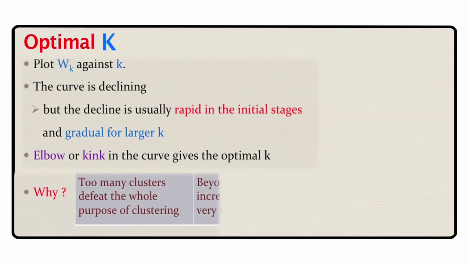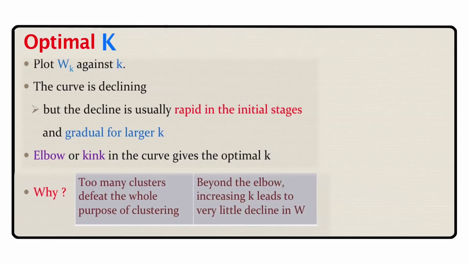Why are we looking for elbows or kinks? Firstly, mind you, by this criterion, what would be the best number of clusters? With n observations, it is obviously going to be n. But too many clusters defeat the whole purpose of clustering. We don't really need to put n individuals into n different clusters. We need to group them together, in as few clusters as possible.